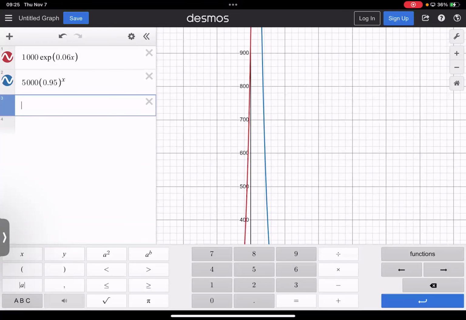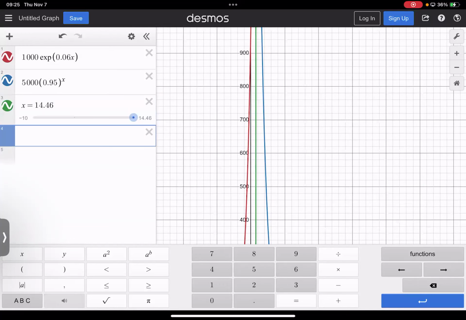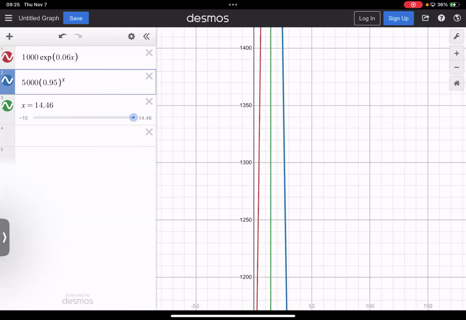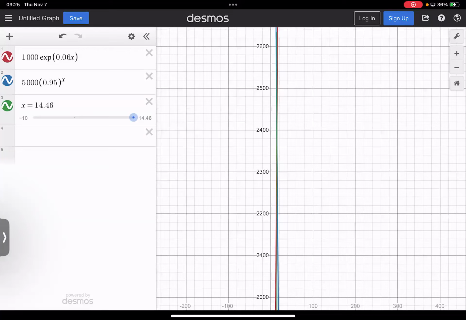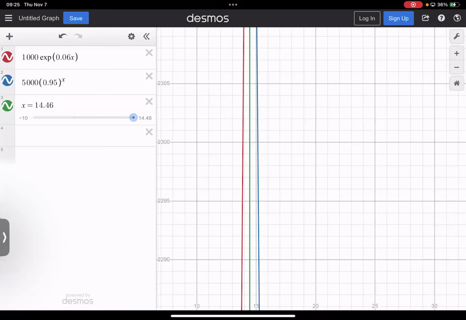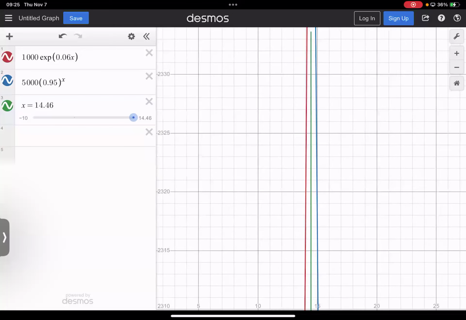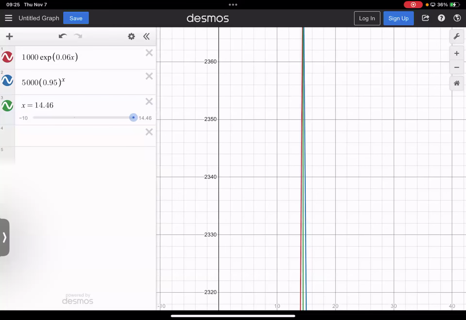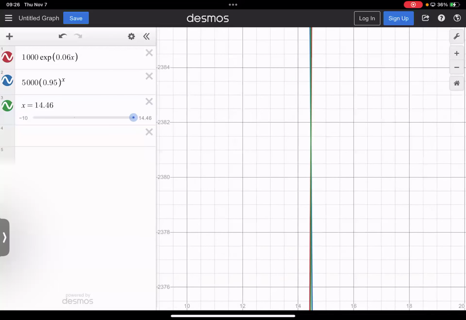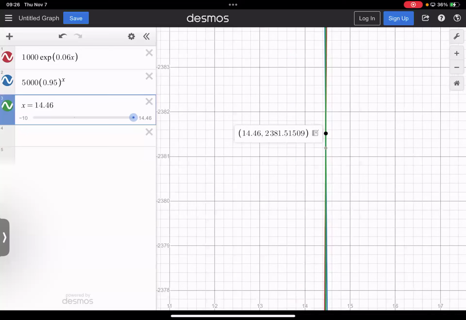Let me put a guide in here. How do I make a guide? I'm going to draw a line at x equals 14.46. Oh boy. I know I'm somewhere up in the 2,300s. There, I saw something, a glimmer of hope.